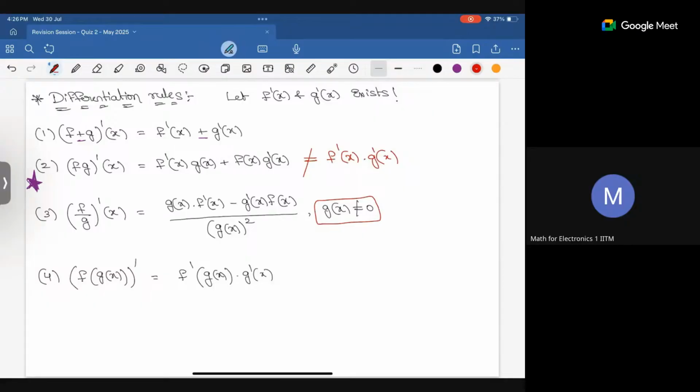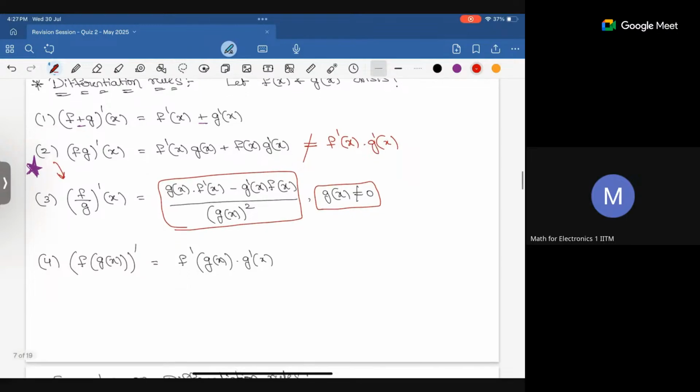Okay. So even the division rule, you can treat it as f into 1 by g. Right? F as one function and 1 by g as another function. And if you use the product rule to it, you will see that you will arrive at this big expression. Even if you forget this, you can get from this.